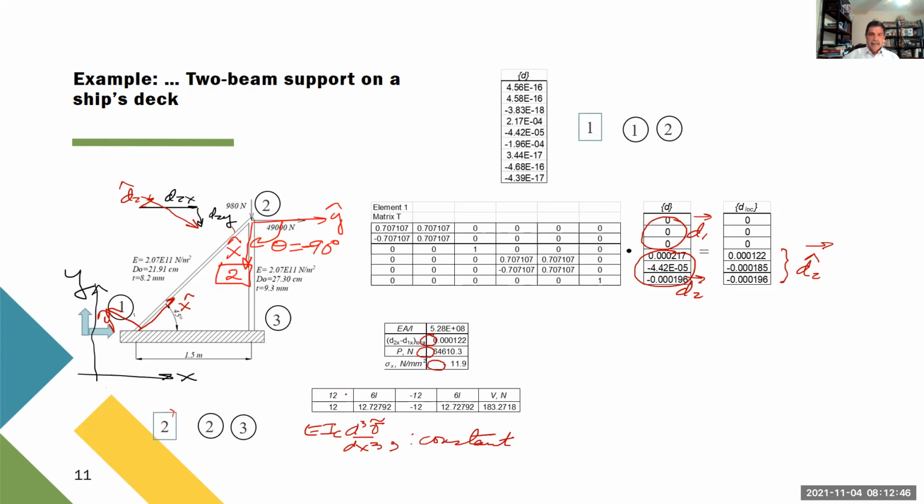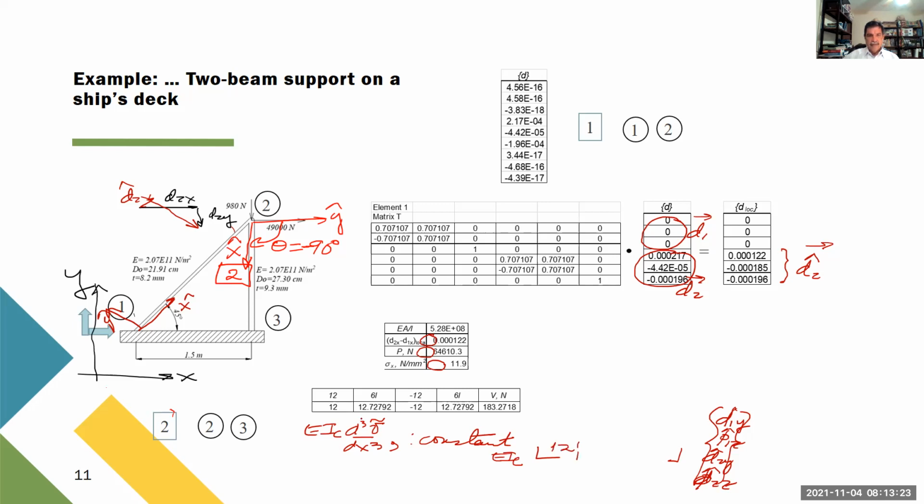So we have that this vector is going to be this times that. So we multiply D1Y, phi1Z, this is local, D2Y, phi2Z, local, multiplied by EI sub C. So here, if we differentiate 3 times, we get a value of 12.